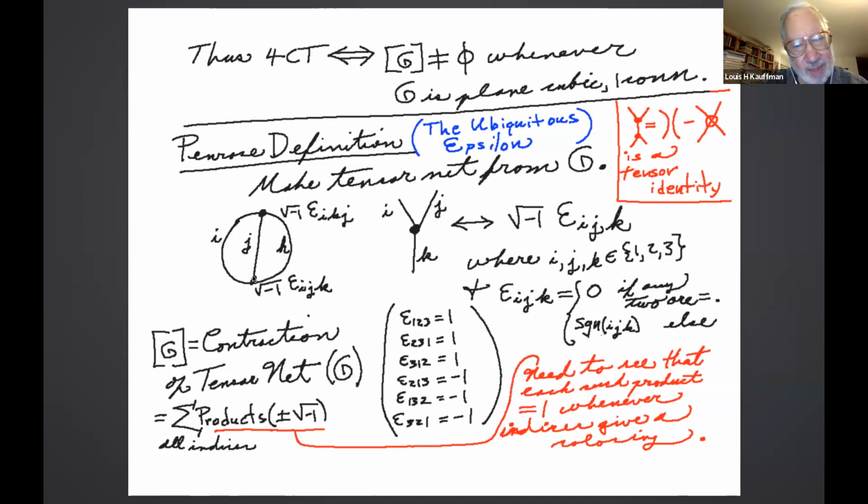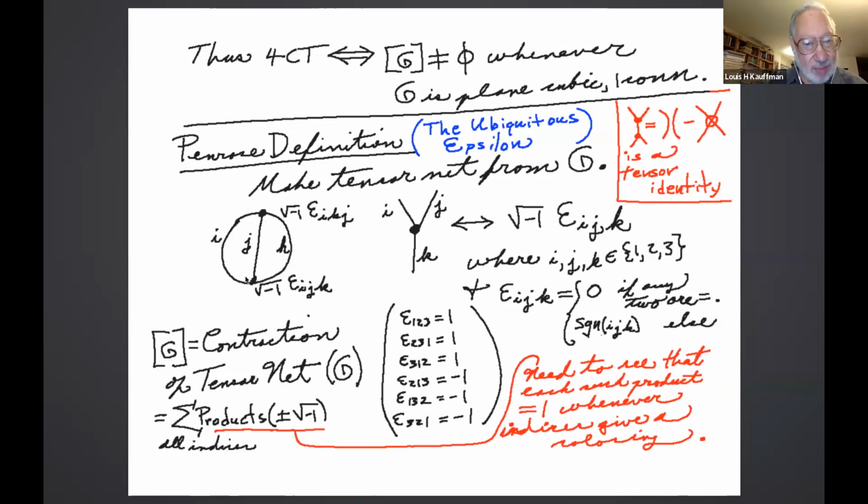Summing over all repeated indices means that you label the graph with 1, 2, 3 in all possible ways. But the only ones that will survive are the colorings, because the epsilons are 0 whenever you don't have the local condition for the coloring. So this Penrose sum over the products that come from the evaluations of the tensors is a sum over all colorings, exactly the colorings.